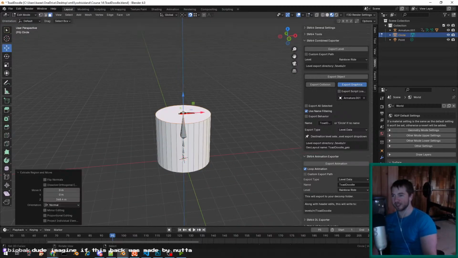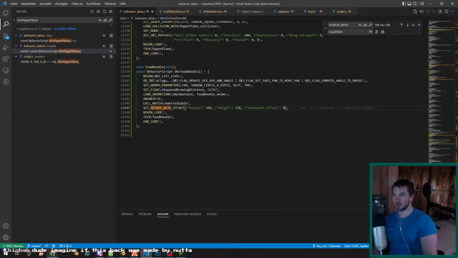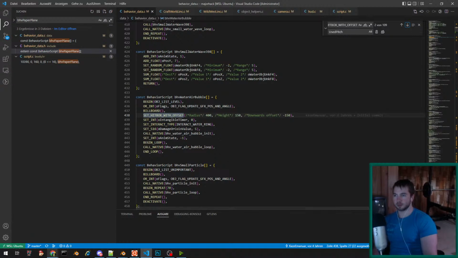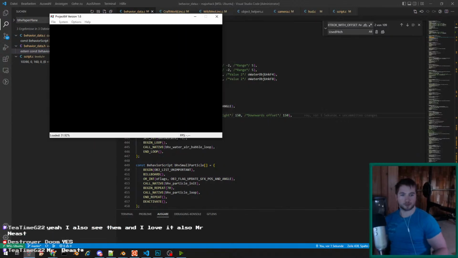Imagine if this was made by another. Can you believe what would happen? Surely that wasn't actually meant to be minus 150.